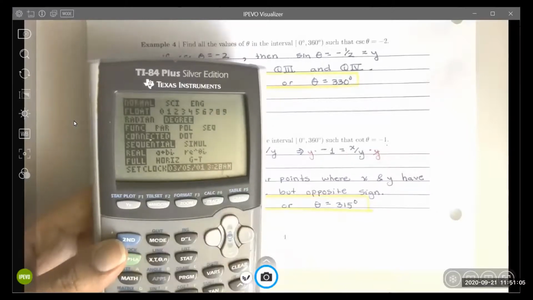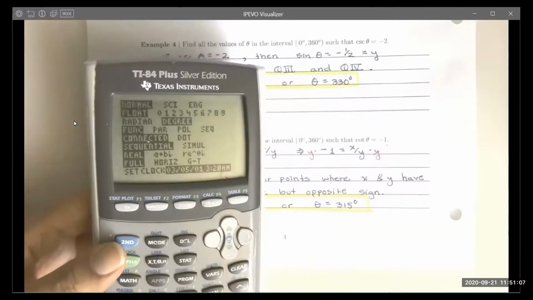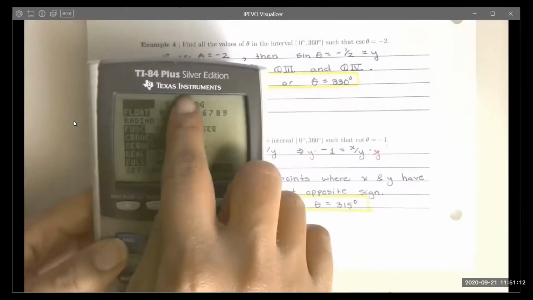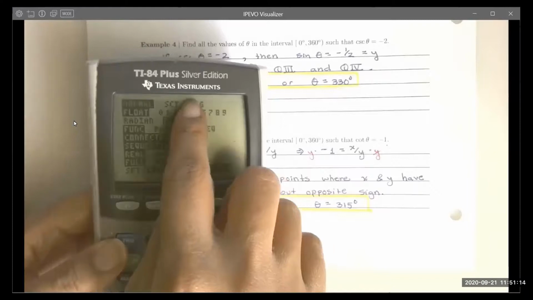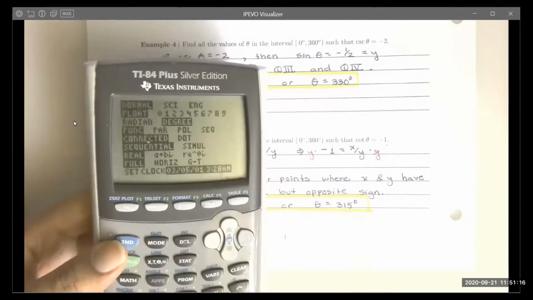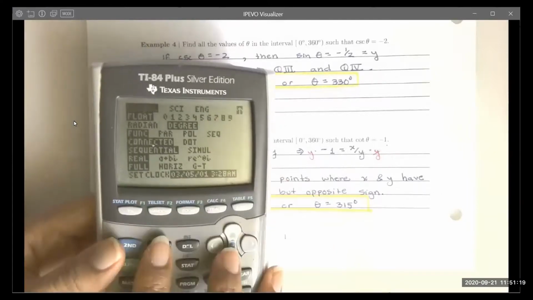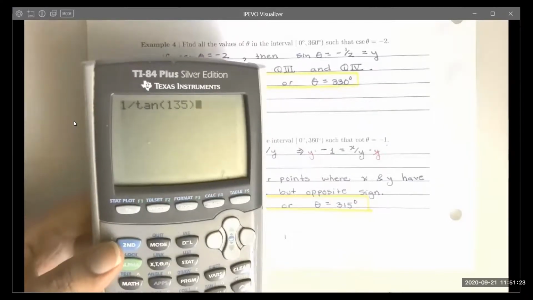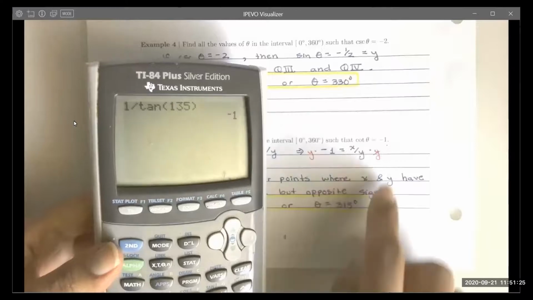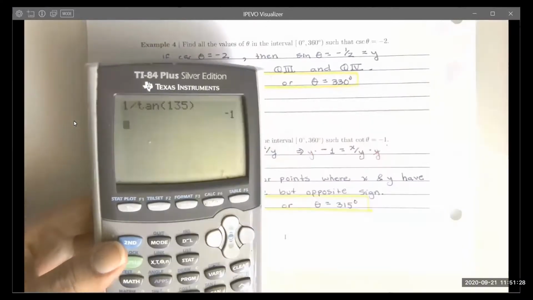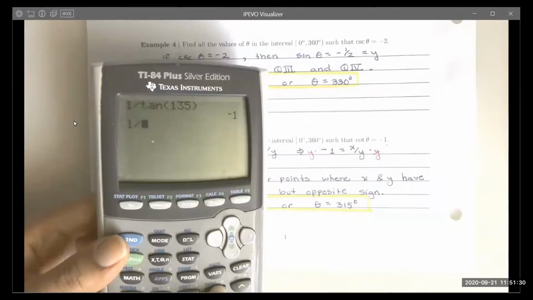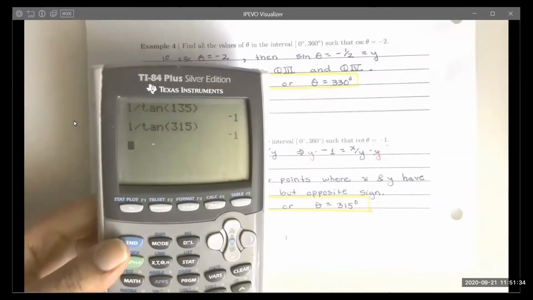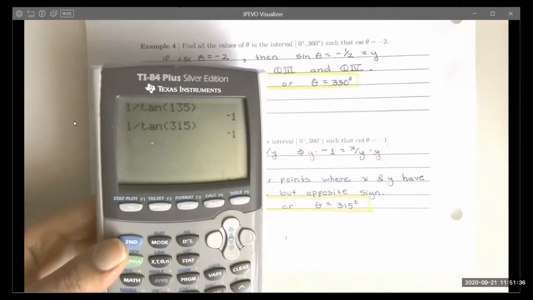On a scientific calculator, yours might display at the top an R, which means radians, or a D, which means degrees. So just make sure that you're working in degrees. Then we check 1 over tangent of 135, and we get -1, so that works. Now 1 over tangent of 315, because we want to check our second answer. That also gives us -1, so that looks good.